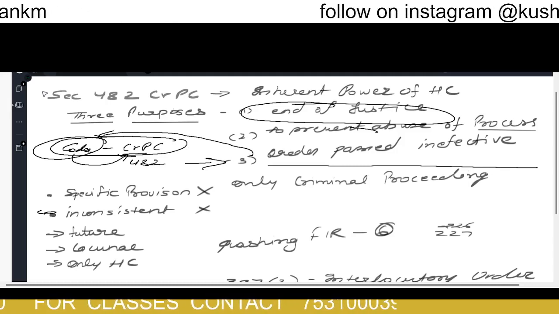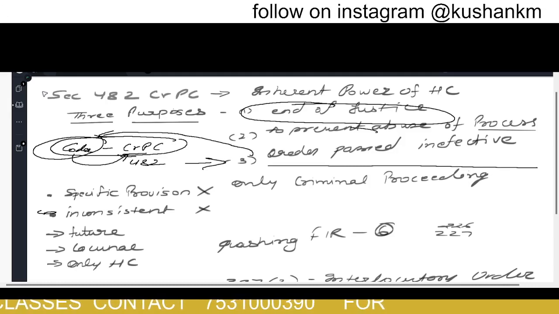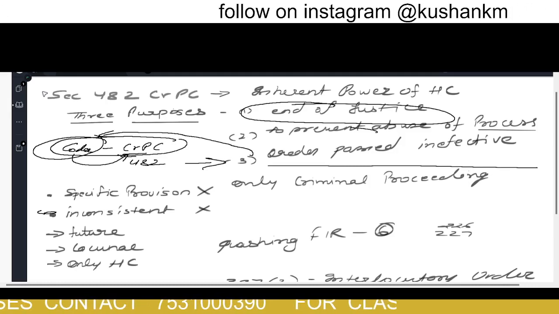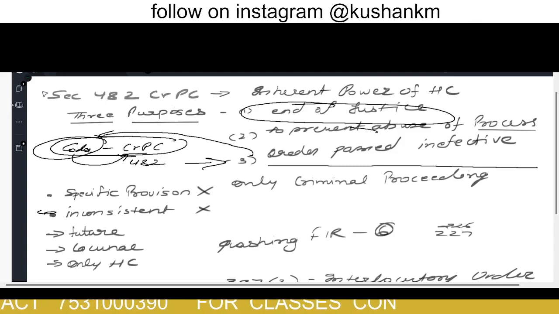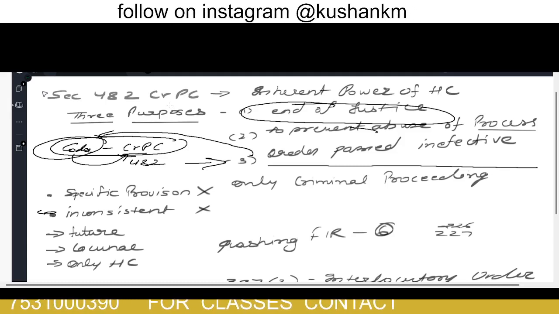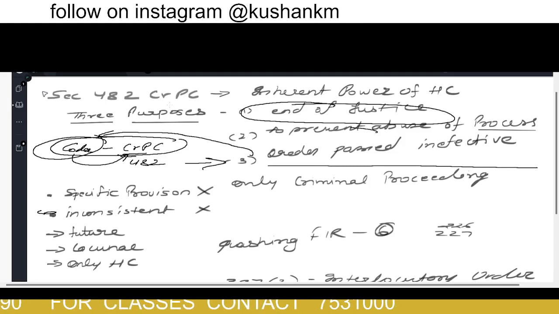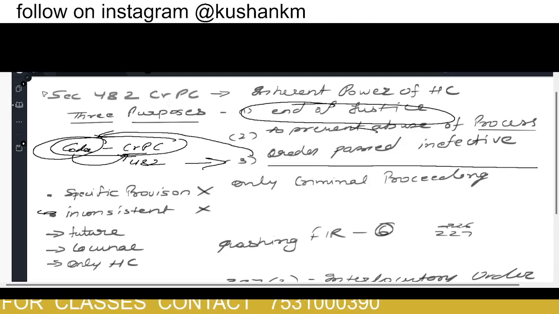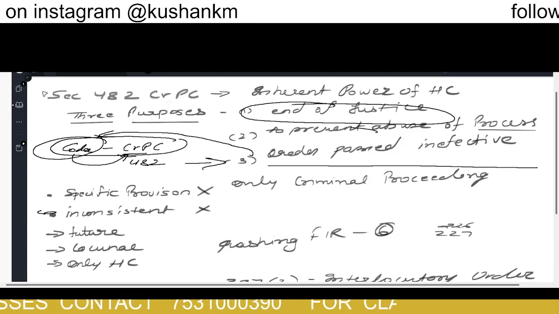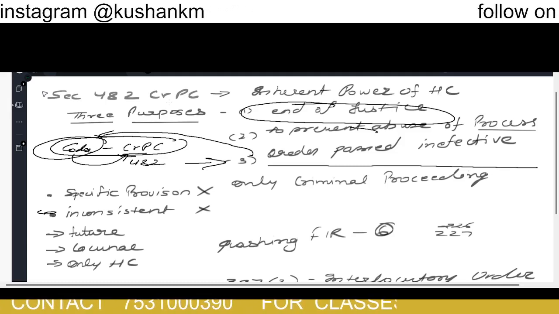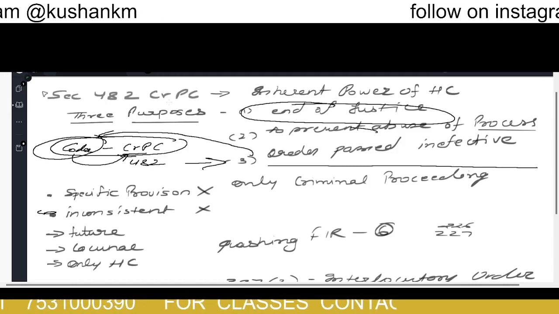Like if maintenance has been provided under section 125 of CrPC, so if we want maintenance from anyone which is covered under section 125, then we have to use section 125 only. We cannot use section 482. So if any specific provision has been provided under CrPC, then we have to use that specific provision. Or if there is no specific provision, if we are not having something in CrPC, then in that scenario we can use section 482 of CrPC.